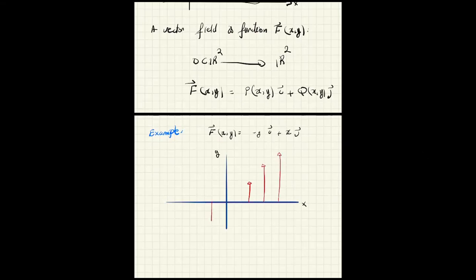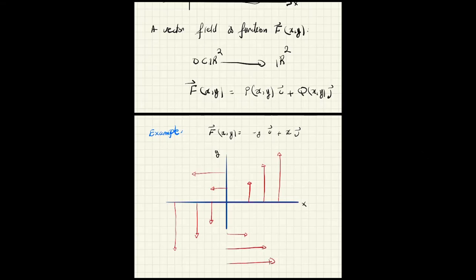Here it's the same thing in the other direction. The same goes when x is 0 and y is positive: for example, at 1 it's going to be the vector (minus 1, 0), and so on, getting smaller and bigger.